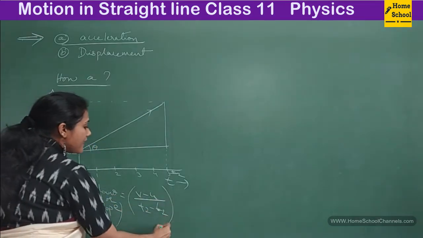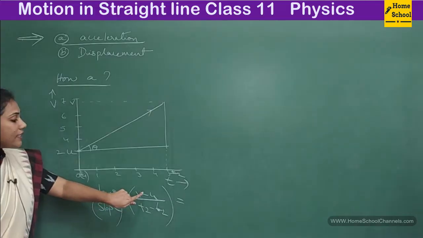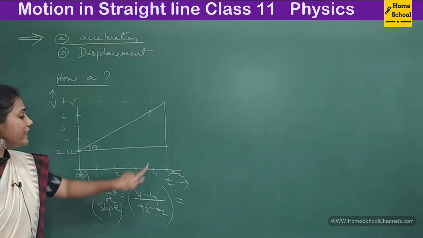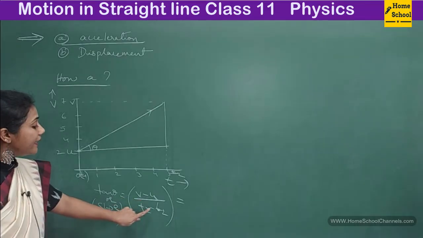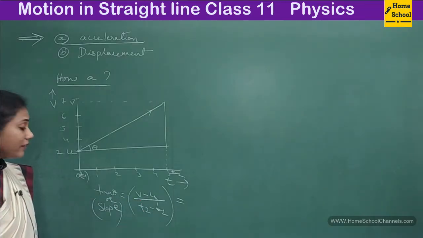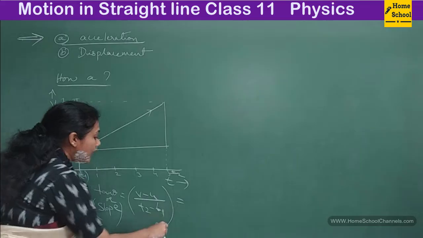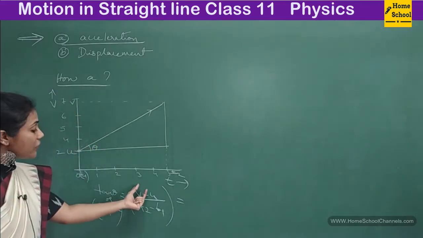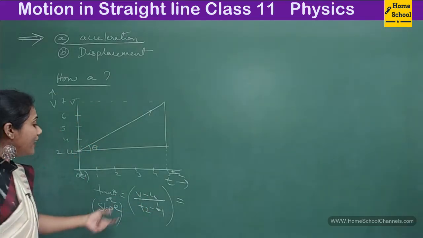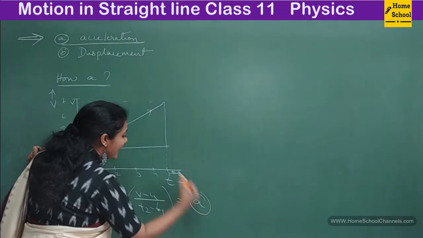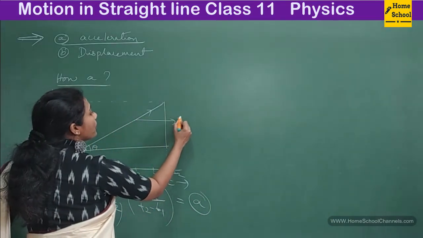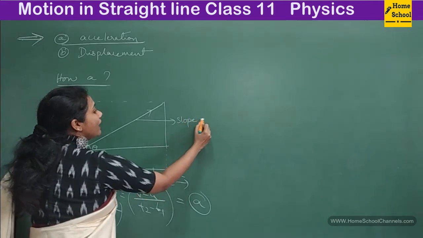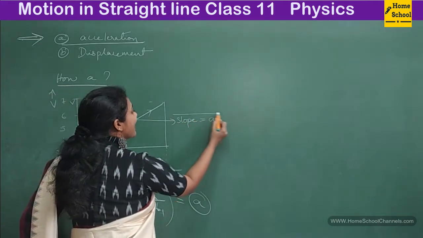And what is this? Change in velocity. v minus u is change in velocity, divided by t2 minus t1, right? So time interval. So change in velocity by time is what? Acceleration, right? So what is acceleration here? Slope. Slope value is equal to acceleration.